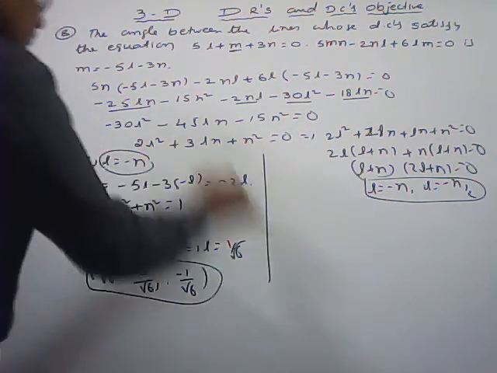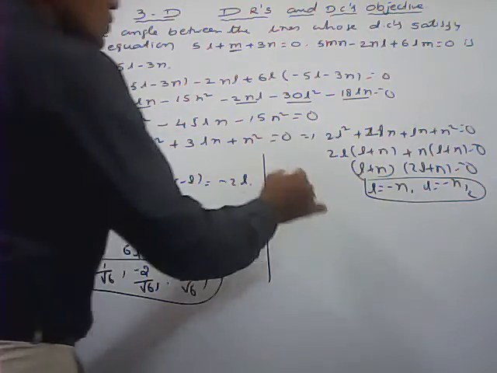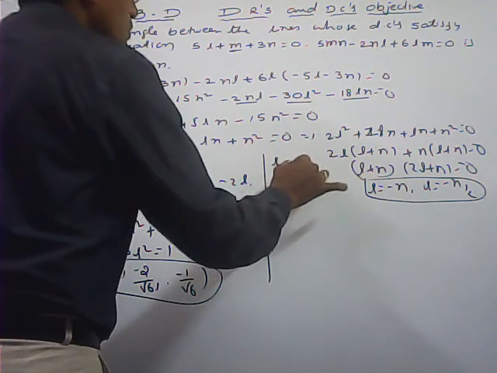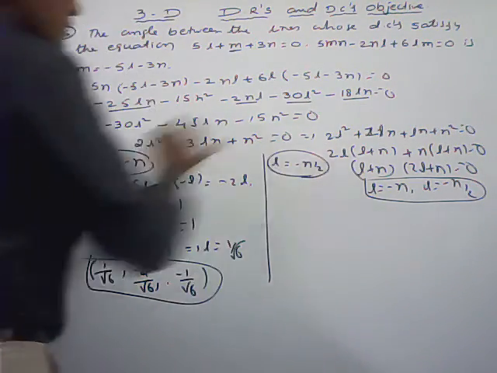And again here, if l is equal to minus n by 2, here one more condition is there.